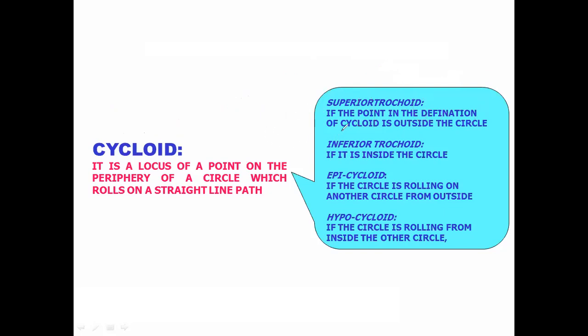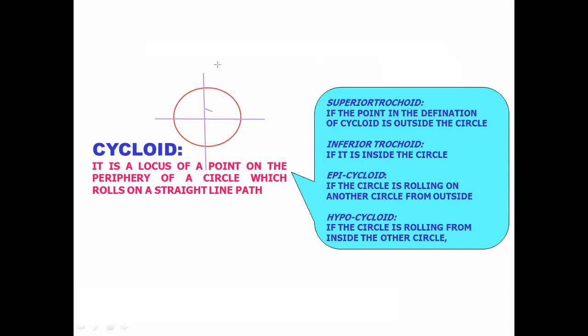Fine. Again, they have two classes: superior trochoid and inferior trochoid. If the point of definition is outside the circle, what do I mean by that? Now, I'll give one example again. This is the axis. You assume that it is the center.